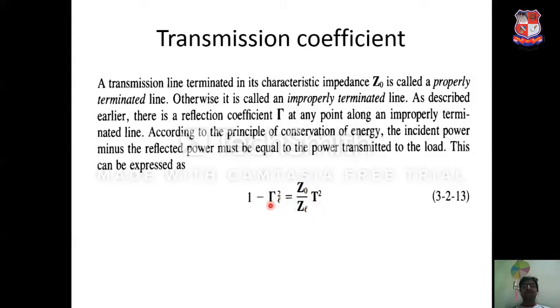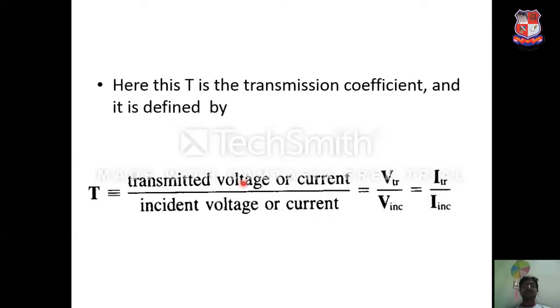Here we write not only gamma but gamma square, as we are considering the propagation of power. So if we simplify this, our transmission coefficient T is the ratio of transmitted voltage or current to incident voltage or current, which we can write as VTR to VINC.